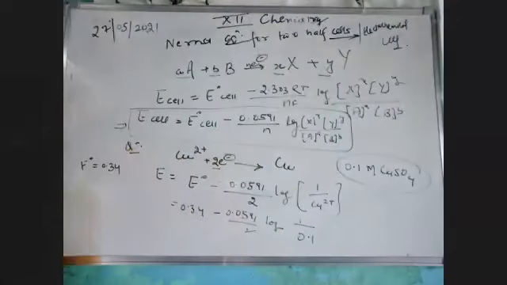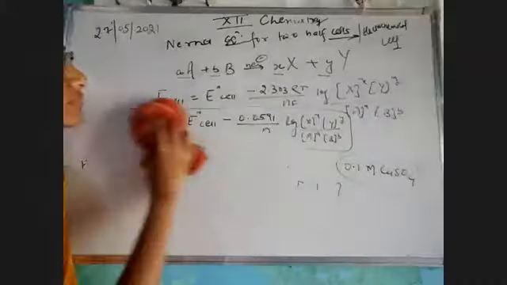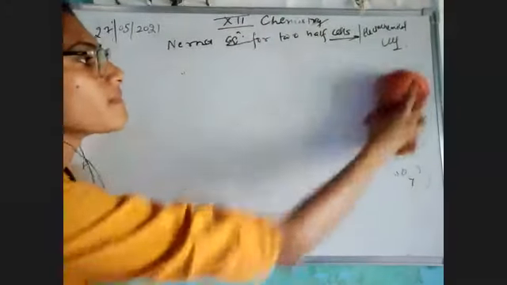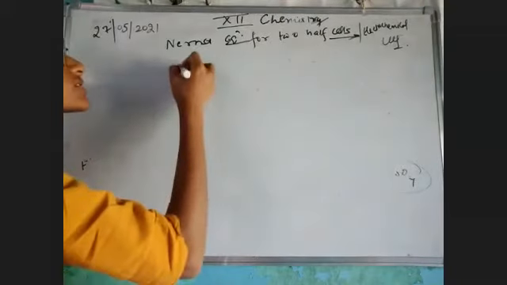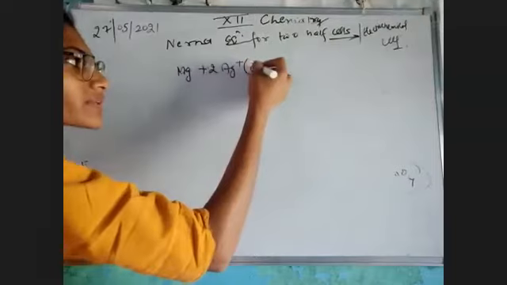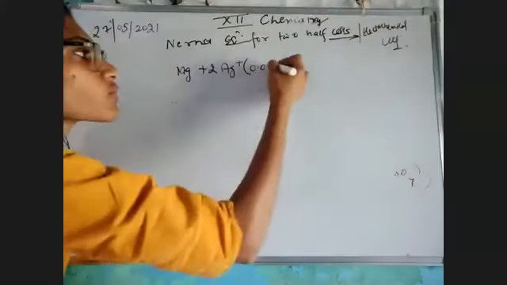The next question is, we have been taken with magnesium and 2 moles of silver. Magnesium plus 2 moles of silver. We have been provided with the concentration over here that is equal to 0.001 molar.